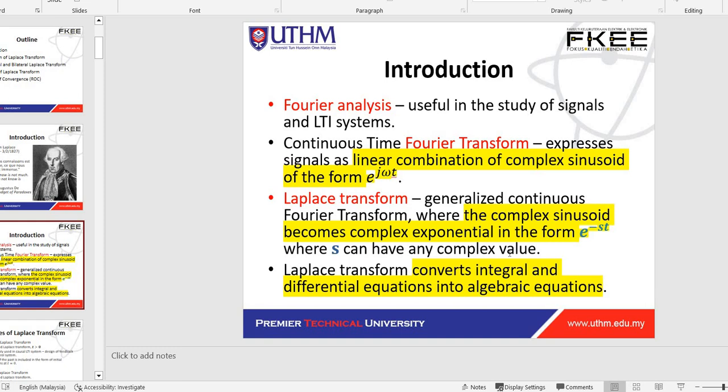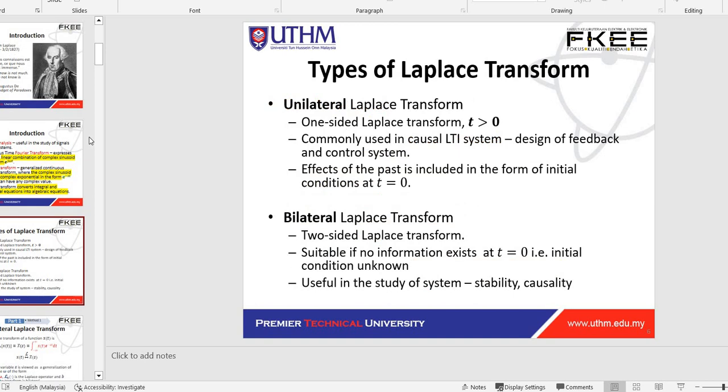And this Laplace transform is used to convert integral and differential equations into algebraic equations.